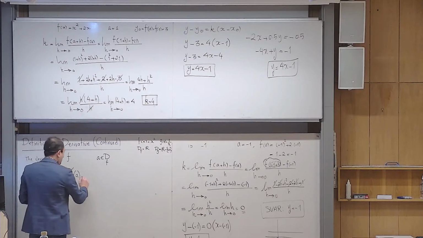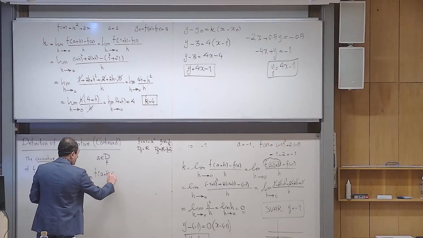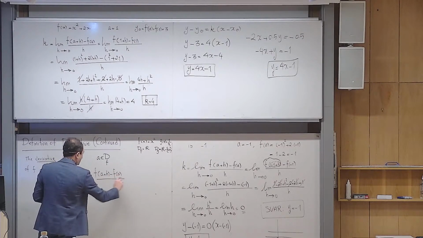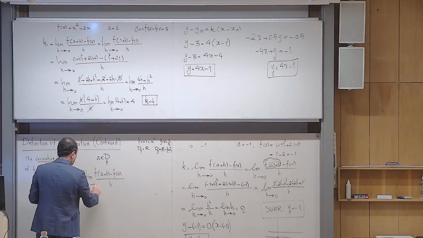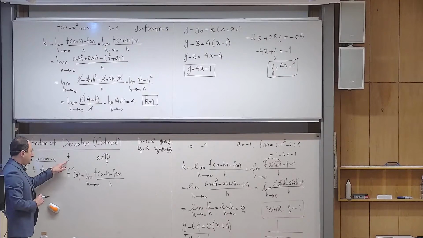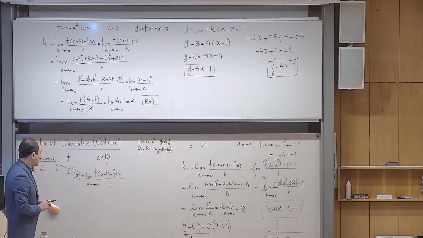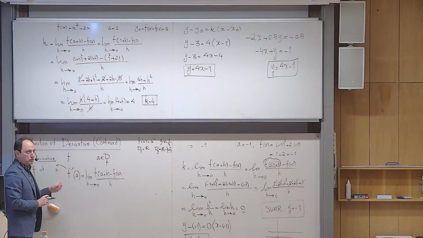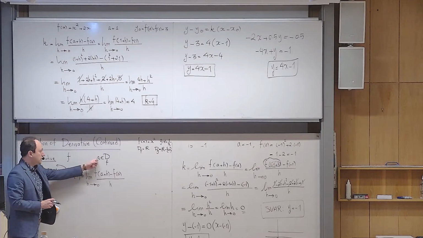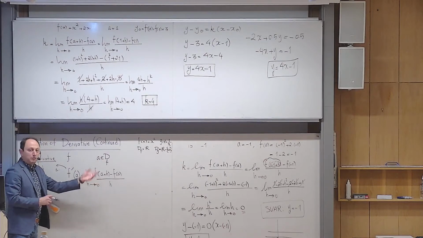And the definition is exactly as before. The definition is the limit of f of a plus h minus f of a over h as h goes to 0. So if I give you a function, and a number in the domain of that function, then in principle I can ask you to compute the derivative of the function f at point a, symbolized by this notation and defined by the same limit.